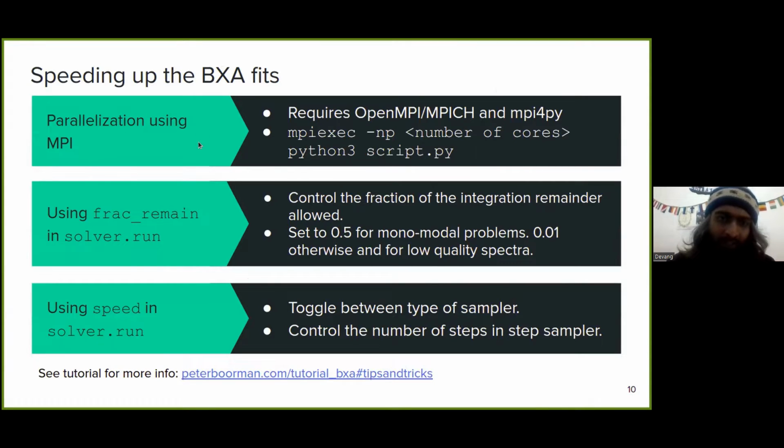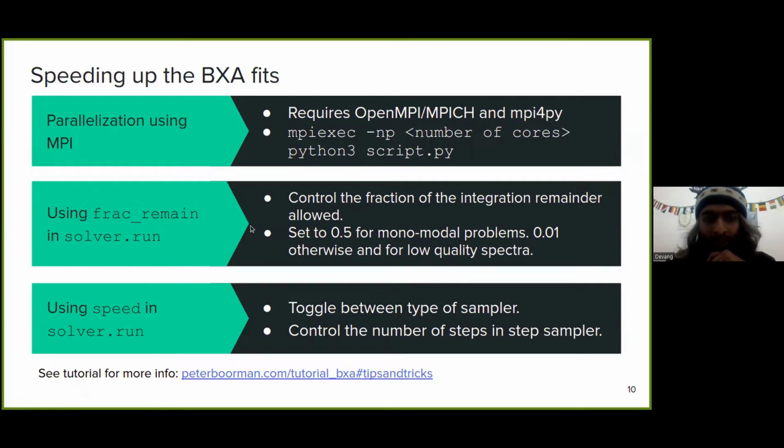First, obviously, I think all of you must have already tried parallelization, using multiple cores. Another one is the frac_remain argument in your solver.run function. This is by default set to 0.01, which takes a long time.